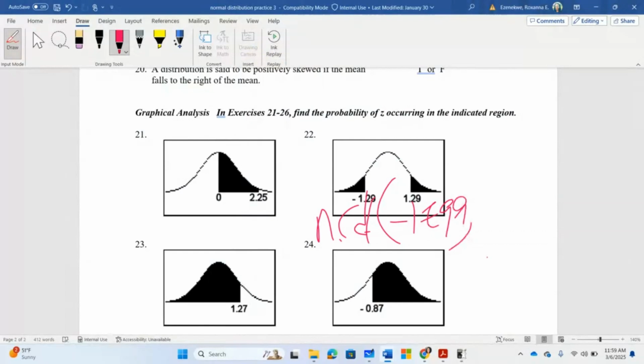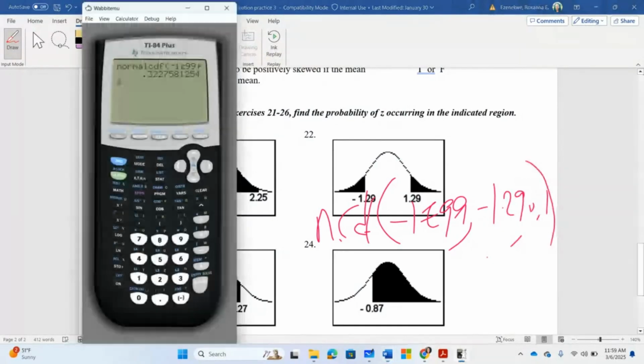And then the upper bound is negative 1.29. The mean is 0, standard deviation is 1. So I get my calculator and put everything in. Second distribution, number 2, the negative infinity is already here. And I am going to put in negative 1.29.